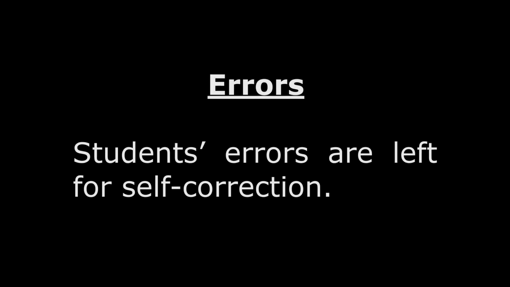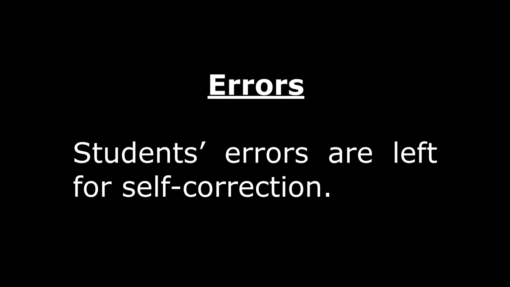Teacher's response to the students' errors. Students' errors are left for self-correction, or students' errors are ignored. In your conversation, you have the right to make mistakes. If the students make mistakes and the teacher tries to correct them, the conversation will be halted, and the students will be in anxiety, so fluency will not be achieved.